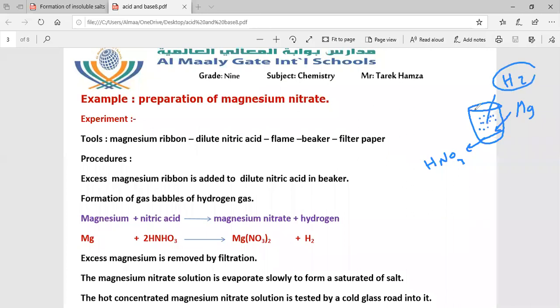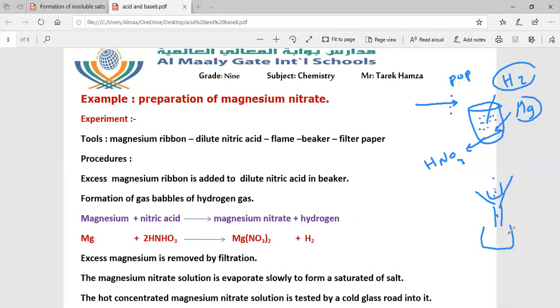How can we detect this hydrogen? By approaching a lighted splint. There is a pop sound. So the gas produced is hydrogen gas. Then take this solution and filter it to remove excess magnesium metal.